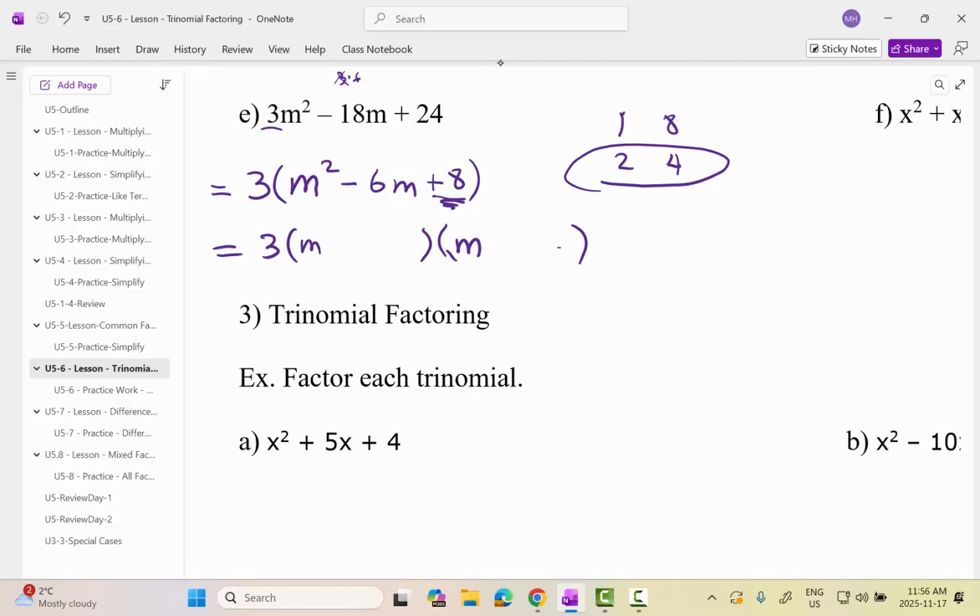As long as both of them are negative. So we got -2 and -4. Again, it's always a good idea to check, right? -2 times -4 is +8. That's good. -2 plus -4 is -6, and that's also good.